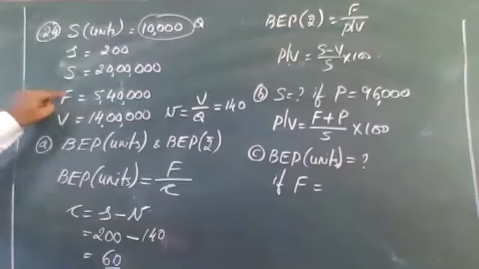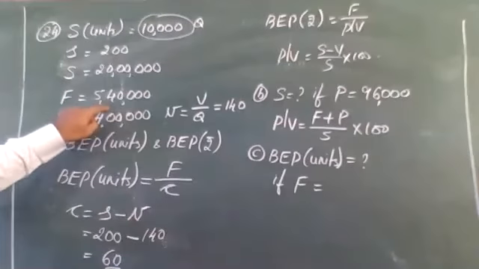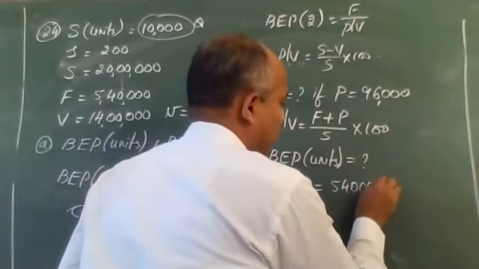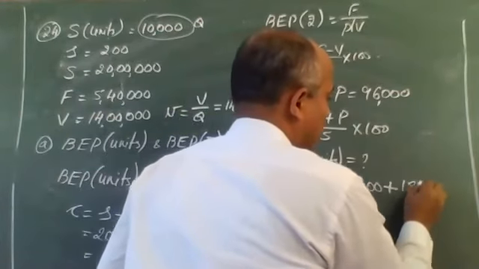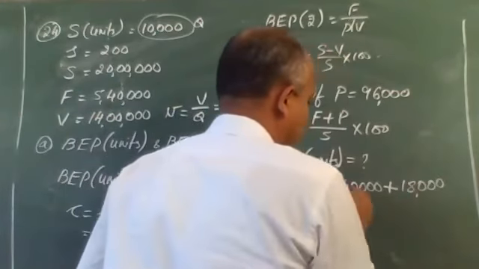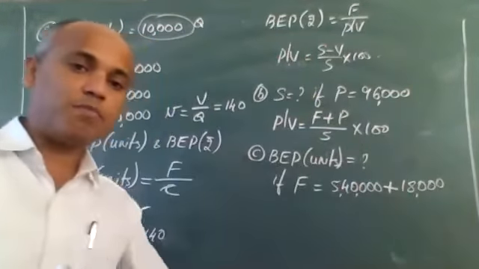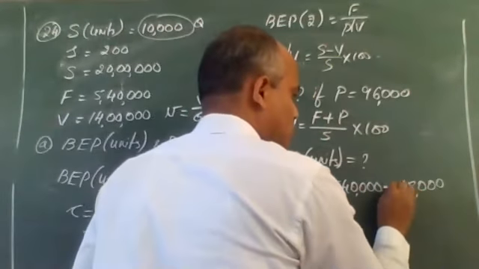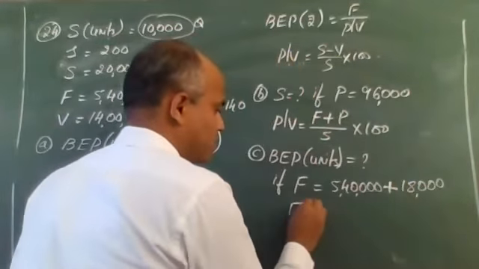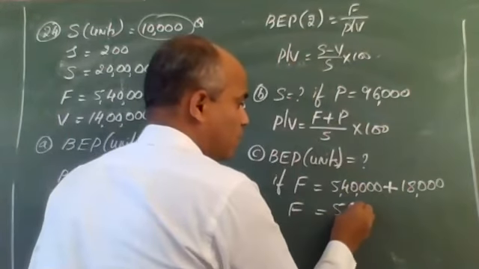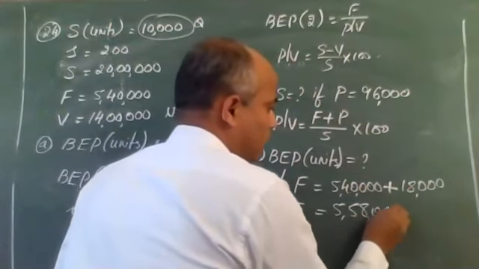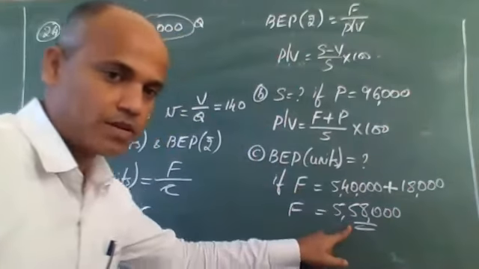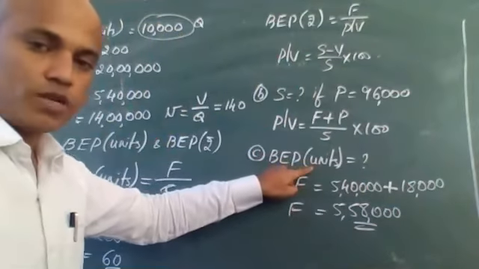What was the existing fixed cost? 5,40,000. So he says it will be 5,40,000 plus 18,000, because he says the fixed cost will be increased by 18,000. So I have to add 18,000 to fixed cost. So based on this, I can say fixed cost will be 5,58,000. So if fixed cost is 5,58,000, what is BEP units?